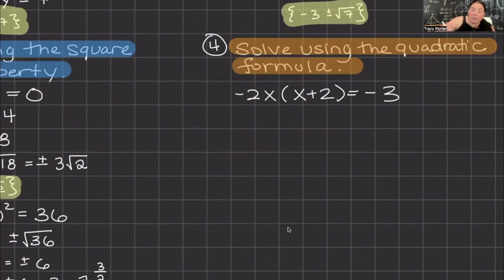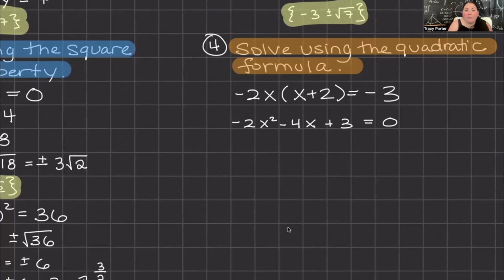So we are going to put it in standard form by distributing the minus 2x. So this is going to give us minus 2x squared. Then we'll have a minus 4x. I'm going to add over the 3 and then set this equal to 0.